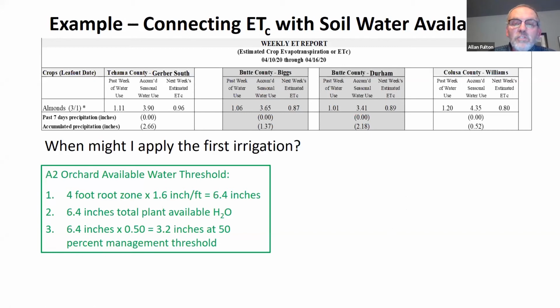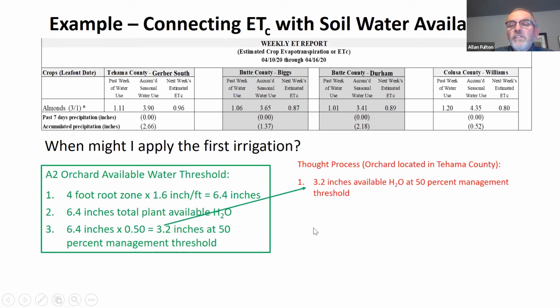This is real soils and real ET data from the Sacramento Valley. I selected almonds for just last week, the April 10th to April 16th report, and I am using the Arbuckle soil series that we just worked through, with 3.2 inches of available water at 50% management depletion.